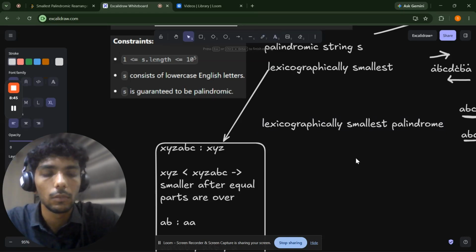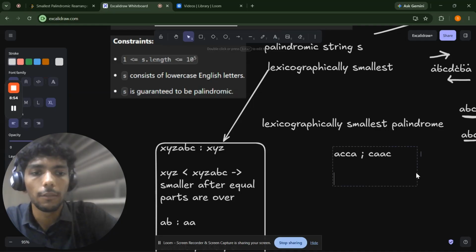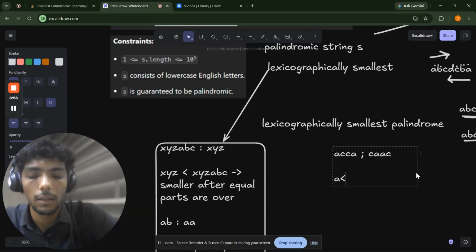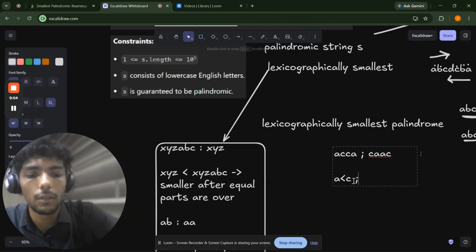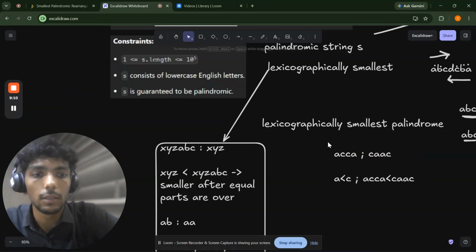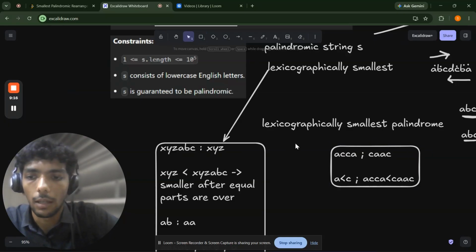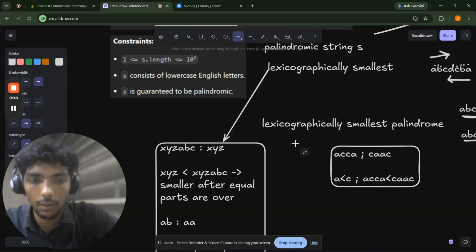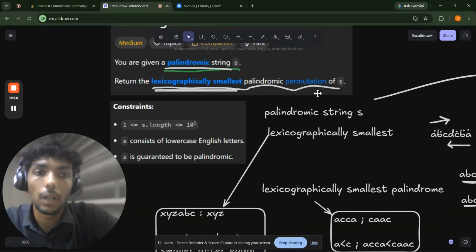So ACCA when compared with CAAC, we find that the first A is smaller than the first occurrence of this C. So here we can say that ACCA is less than CAAC. Okay, so this is what is meant by that both should be palindromic, and we just need to find the smaller one. And palindromic permutation of S.